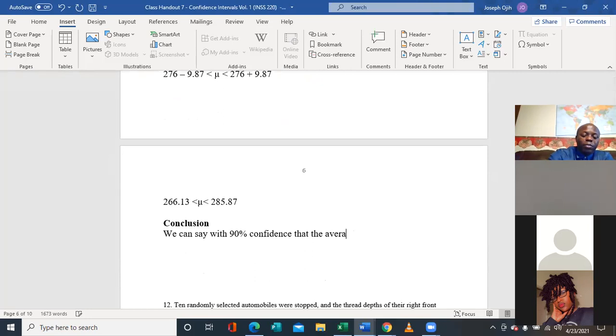Don't forget to put the average. If you don't put the average in your conclusion, then your conclusion will be wrong. Remember, because you are trying to estimate the mean, which is the average. So it is very, very important that you include it in your conclusion.